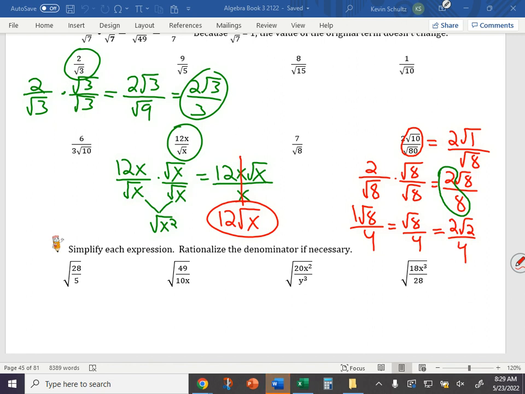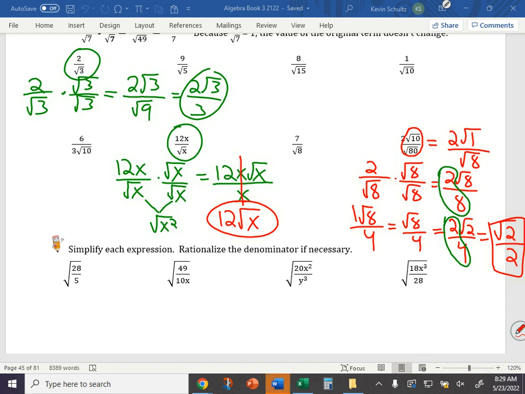Are we done? No! What can we do now? Simplify our 2 and 4 to 1/2, or ultimately 1 root 2 over 2. Are we done? Yes, we are. Okay.